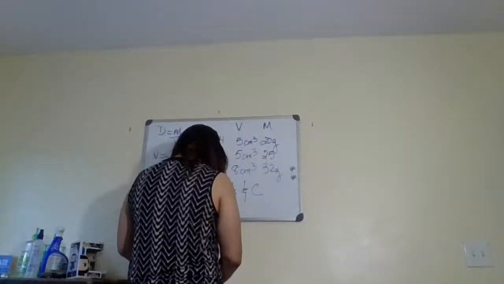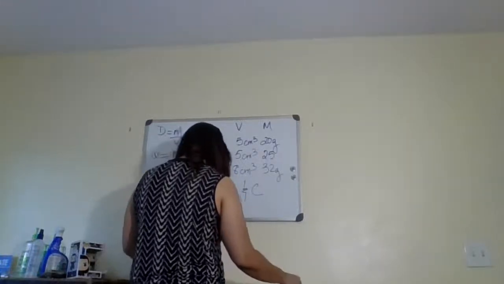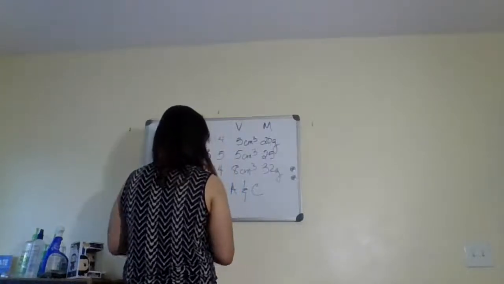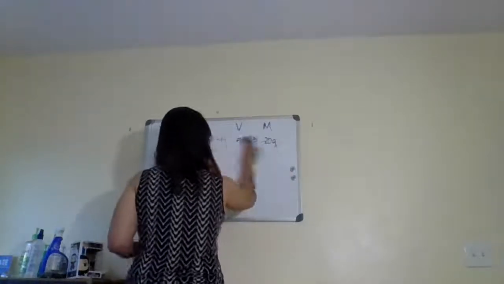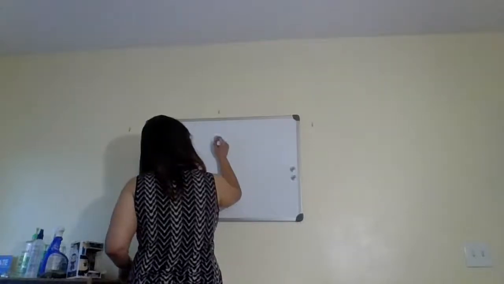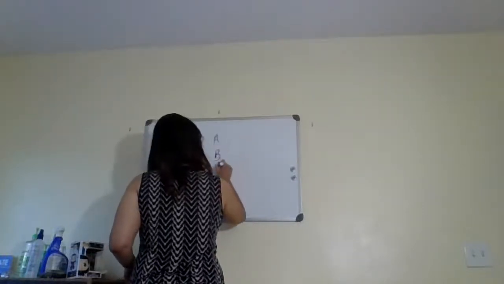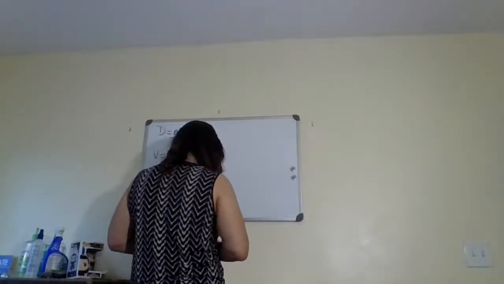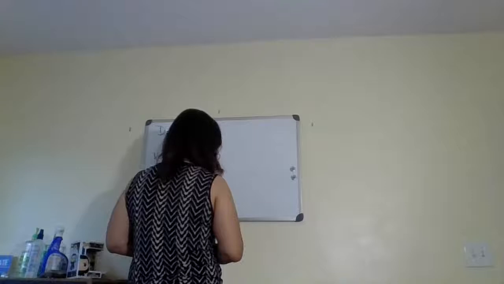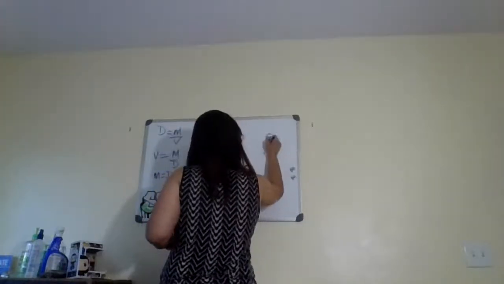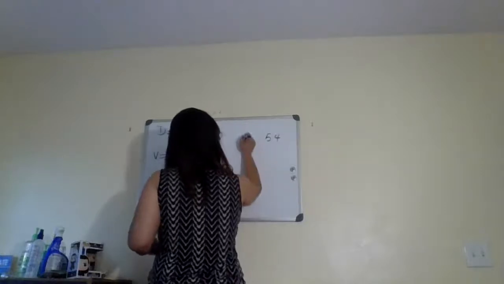So there were a couple of questions like that. Now let's say we have 4 samples, A, B, C, and D. One sample has a mass of 5.4 and a volume of 2.